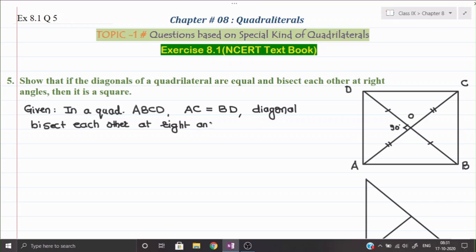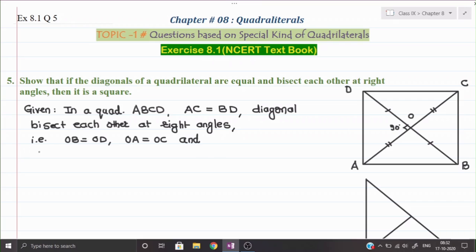So we shall explain this a little bit. What is this property actually? Diagonals bisecting each other means OB is equal to OD, comma, OA is equal to OC, and the value of any angle at the point O will be equal to 90 degrees.